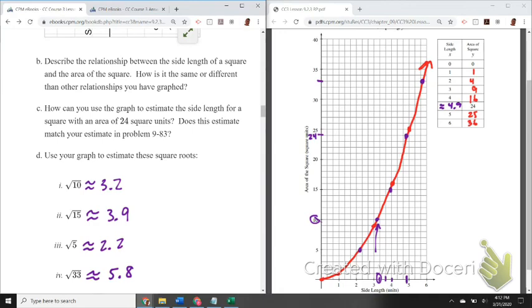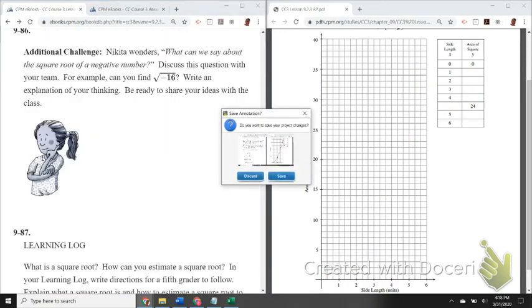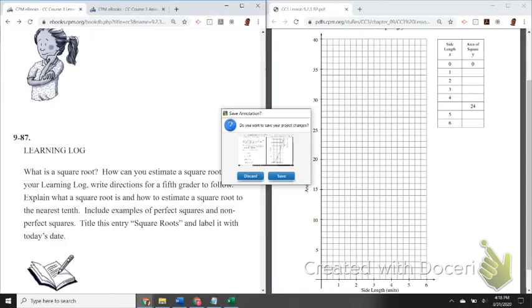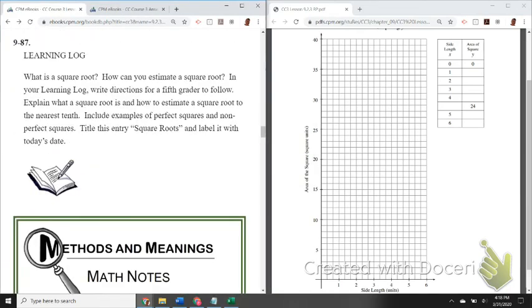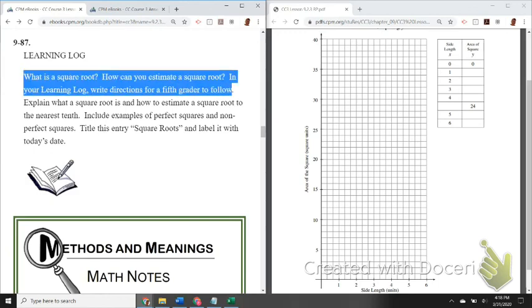Okay, so that's it for today's lesson. To close this off though, in your summary, I want you guys to answer this in your notes. The last question here, it would be from our learning log. Okay, so not really a question, it's just a reflection, you summarizing your lesson. This question right here says, what is the square root? How can you estimate the square root?